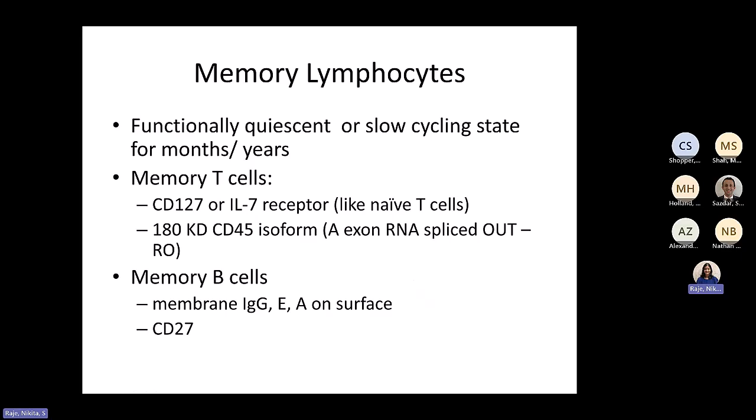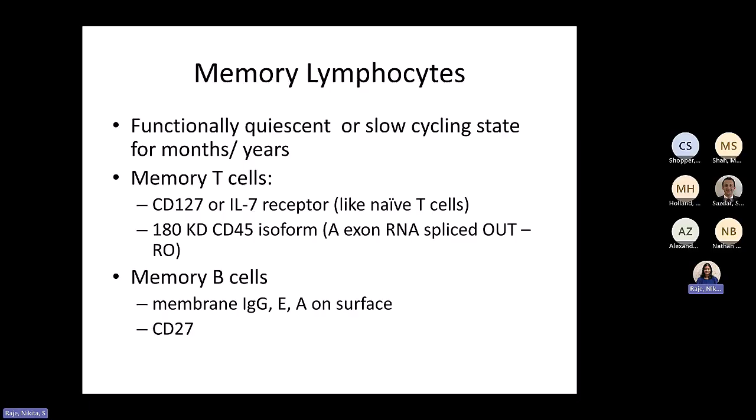Talking about memory lymphocytes, these have IL-7 receptor on their surface and the CD45RO. RO is where exon A is spliced out, so the O is for the spliced out RNA exon A. That's the reason it's called CD45RO, that's present on memory T cells. Memory B cells have CD27 on them.